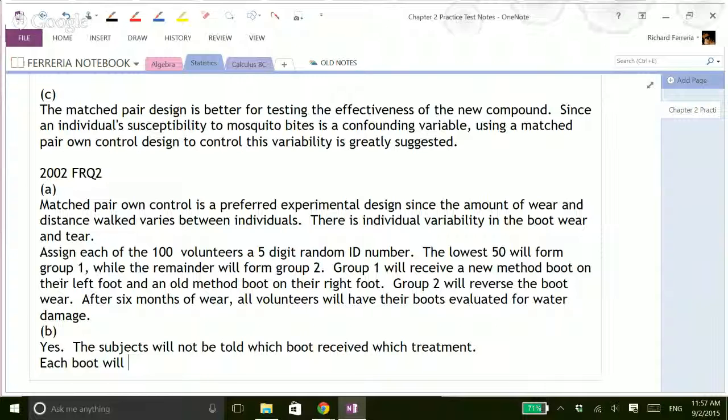Each boot will be marked with a random ID number identifying the boot as new method or old method.